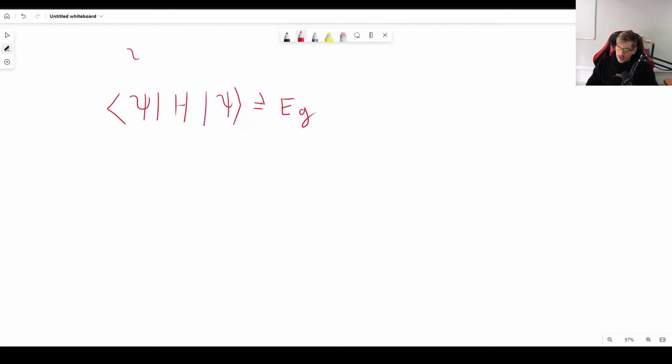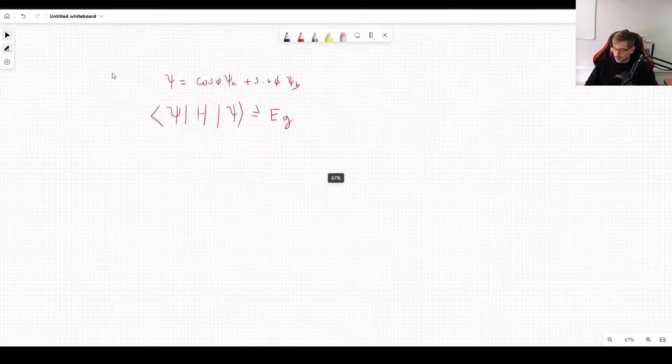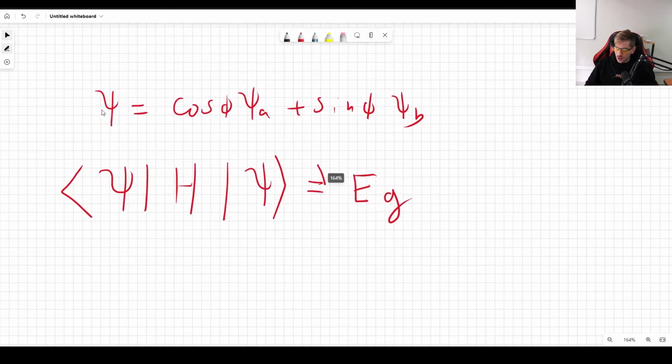And what is our psi? Well, that's given to us. We know that it is cosine phi psi A plus sine phi psi B. Now let me double check. Yes, cosine psi A, yes. Now this is already normalized, right?